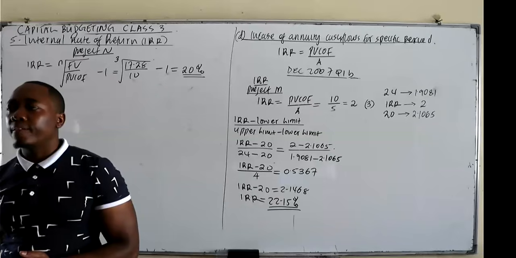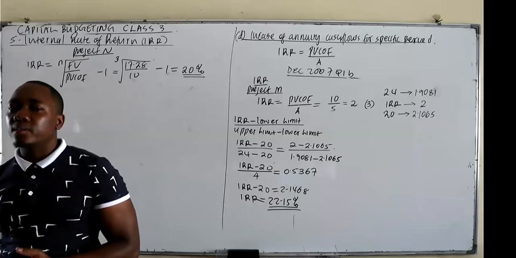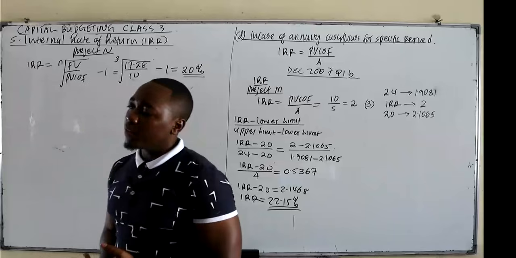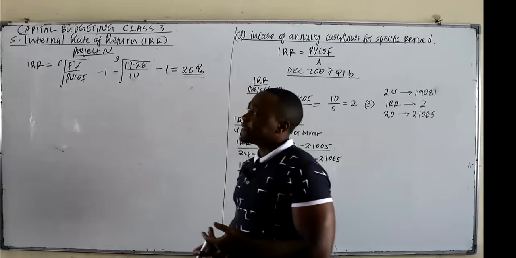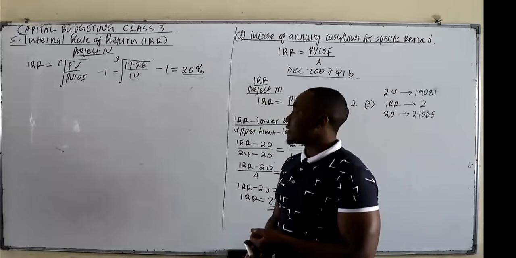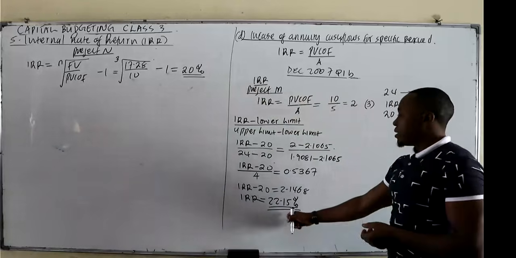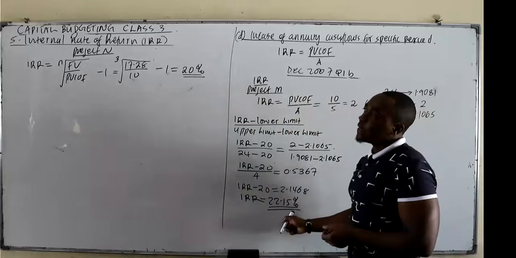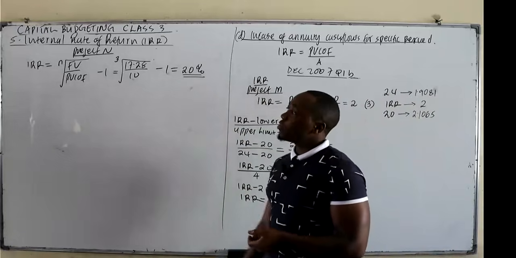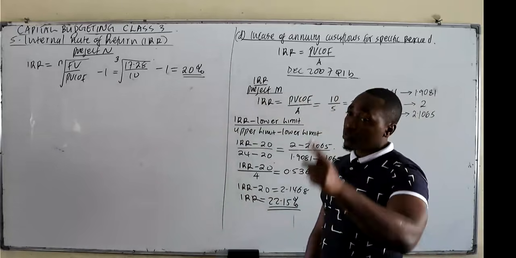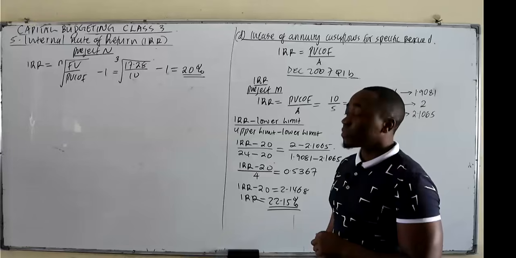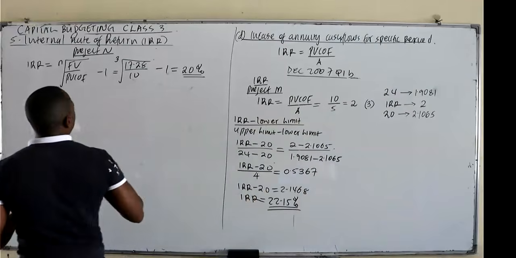If IRR is greater than what? How much was the cost of the capital of the project? It was 10. Is this project viable? Both of them are viable, but they are mutually exclusive. You choose one. Which one will you choose? The one with the high IRR.